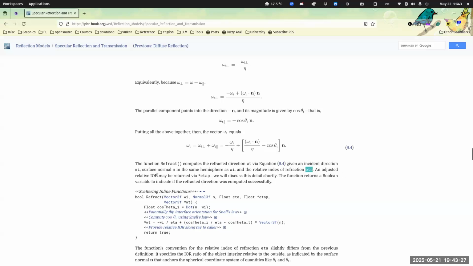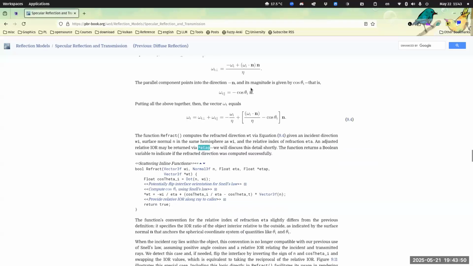The adjusted relative IOR may be returned via the eta pointer. We will discuss the details shortly. Oh, I guess this is to use later. The return is a Boolean because sometimes there is just no refraction.